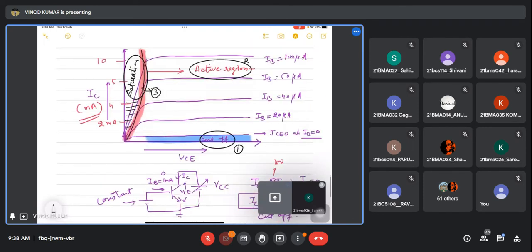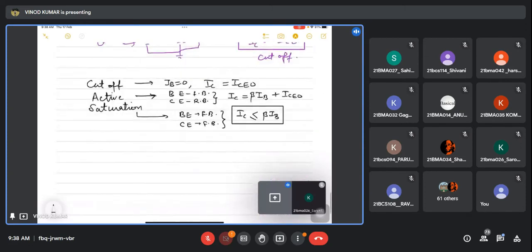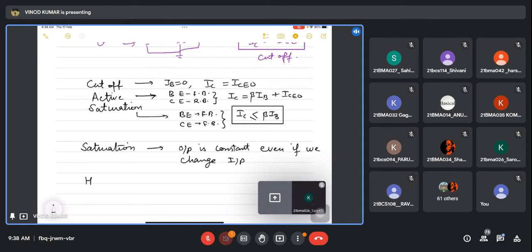If you see here, saturation. Meaning of saturation means the output is not going to vary, or output is constant, even if we change the input. Here, input is base current and output is collector current.